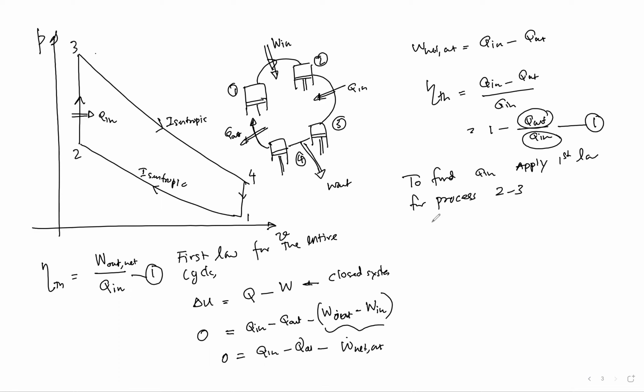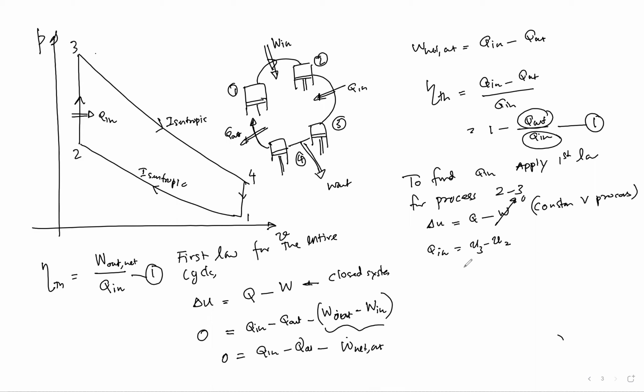So delta U is equal to Q minus W. Now this is a constant volume process, so W is 0. And then we have Q in equal to U3 minus U2. U3 is the final and U2 is initial, right?